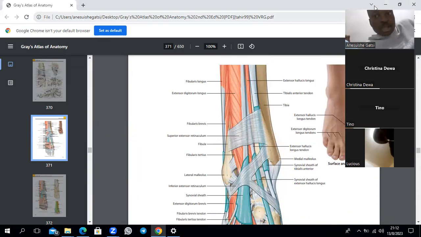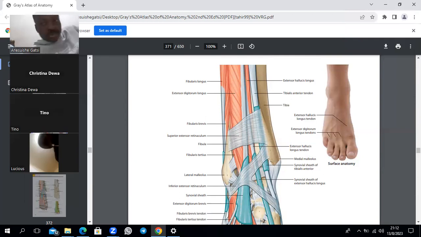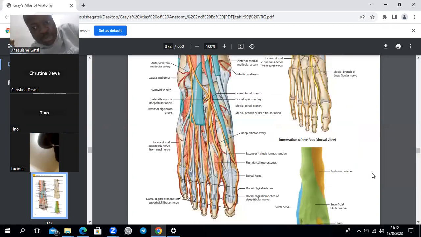So this here is the dorsum of the foot. This picture here, that's the dorsum of the foot. I think you can appreciate that there is thin skin versus the sole of the foot where the skin is thick. Right. So this is thin skin, it's mobile. And in terms of sensory innervation, there's a picture that I love showing. This one.